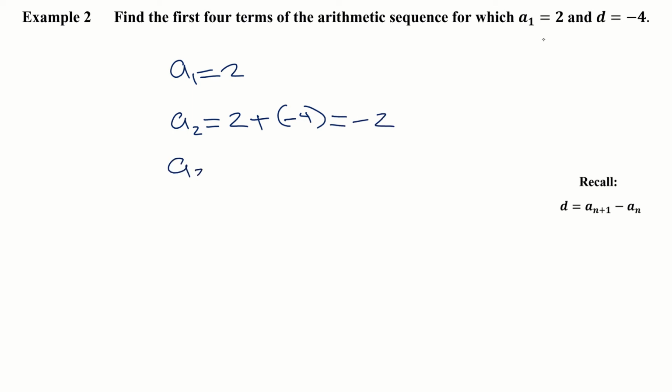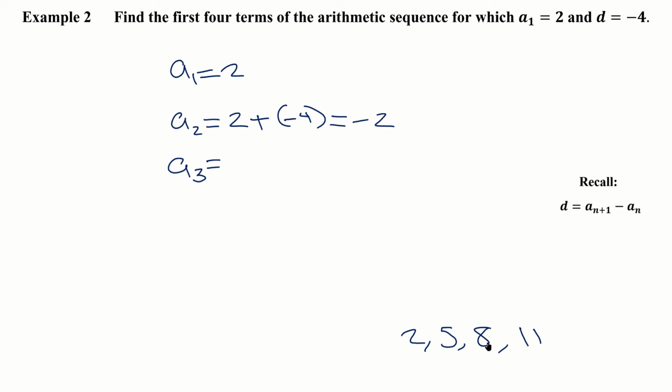For the third term, of course, I do the difference here in order to find the common difference, but once I find it, I know that I can take any term and add that to it to get the next term, right? Like once we know that for the sequence that we saw before, the common difference is 3 by going 11 minus 8, for example, or 5 minus 2, or 8 minus 5, any of those will give you 3.